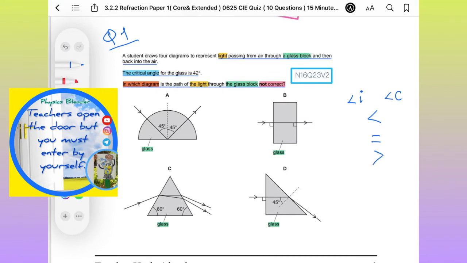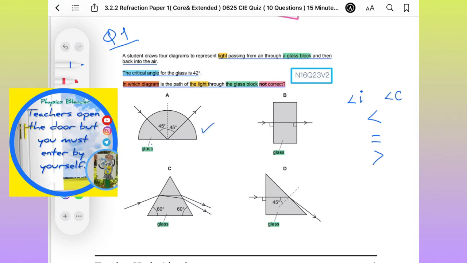Is the angle of incidence smaller than, equal to, or greater than the critical angle? We will see now. In which diagram is the path of the light through the glass block not correct? The first one is correct because the angle of incidence is greater than the critical angle, so total internal reflection. So this one is correct.